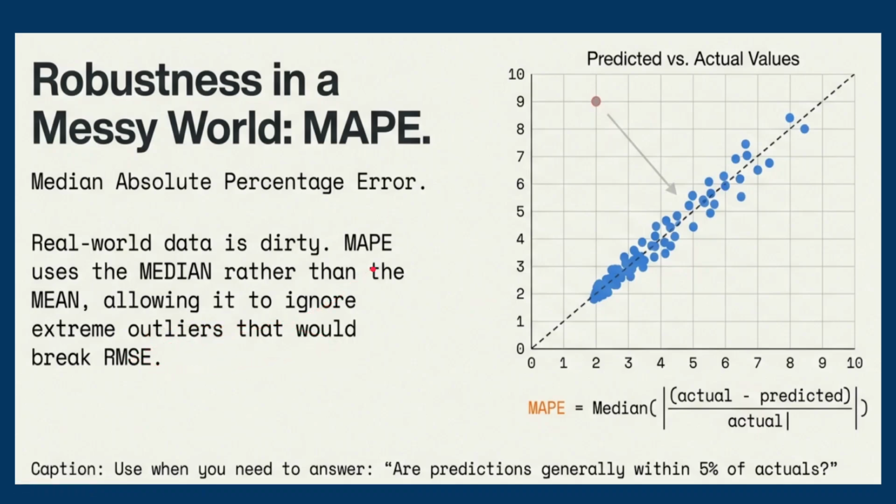So it is an improvement on the previous RMSE method. Extreme outliers are ignored. The formula is MAPE equals the median of actual minus predicted divided by actual. So when you need to answer, are predictions generally within 5% of actuals, this looks at the median values.